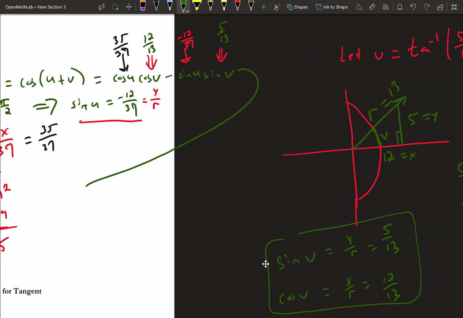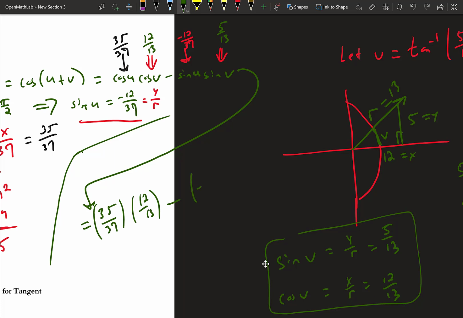So just following along here, what this would be equal to would be 35 over 37 times 12/13 minus negative 12 over 37 times 5/13. Right?